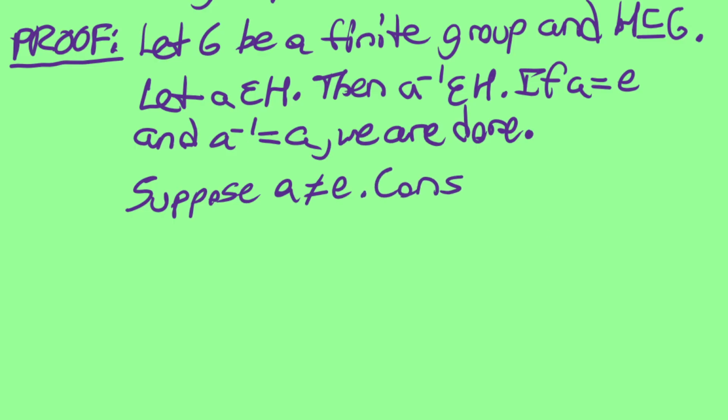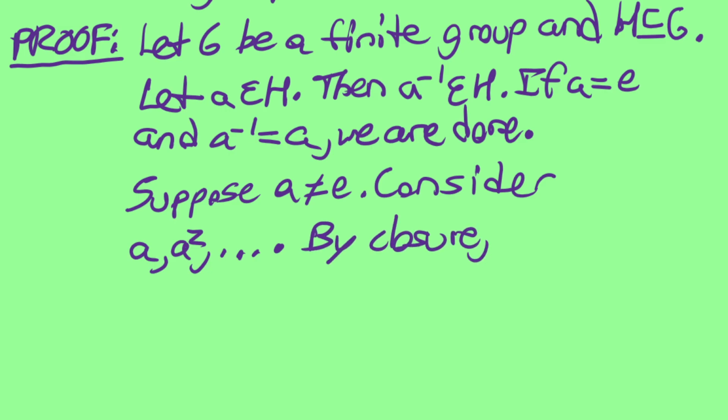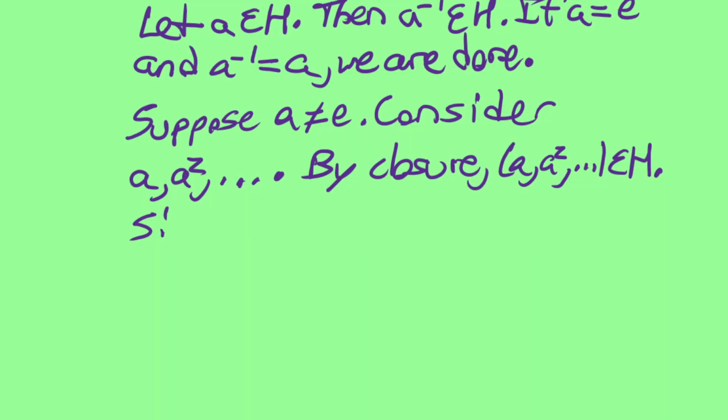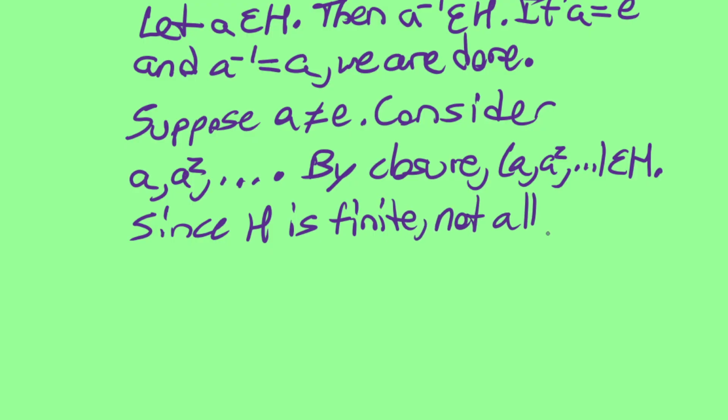So let's consider the sequence A, A squared, etc. So by closure, this sequence is an element of H. So since H is finite, not all of these are distinct.